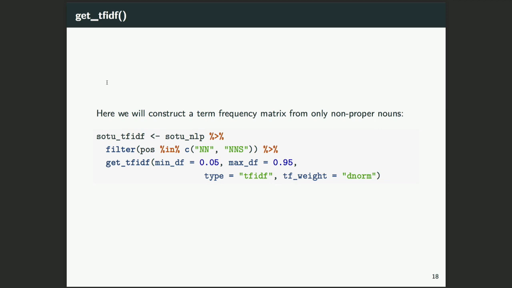It has some options that are interesting and useful. It has a min_df and a max_df, the minimum document frequency and the maximum document frequency. What this function is going to do fairly efficiently is only include terms that occur in at least 5% of the speeches and at most 95% of the speeches. Why is that important? The 95 is useful because I don't want words like stop words, essentially.